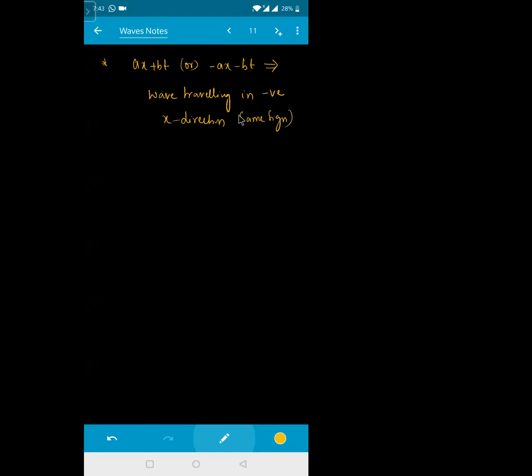When they are of the same sign, they will be moving in which direction? Negative x-axis. In the same way, if I am taking ax minus bt, or minus ax plus bt, signs are opposite. Here this represents what? The wave is traveling in which direction, beta? In the positive x-axis. Because the sign is different.